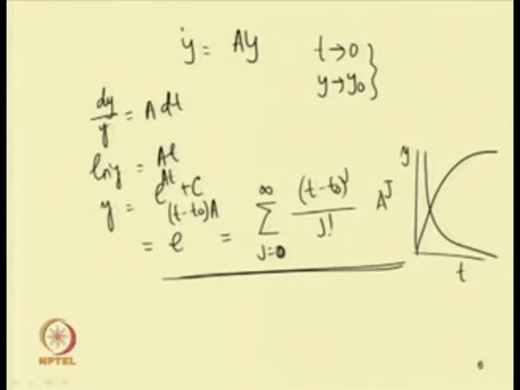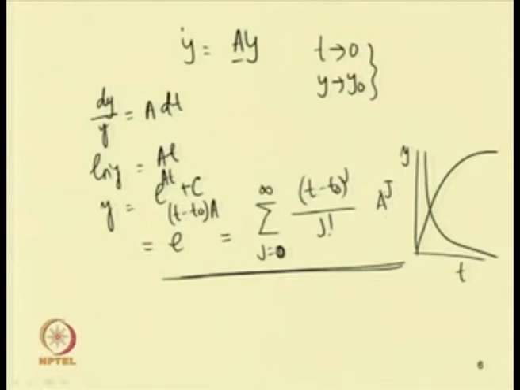So, to get a stable solution, the real part of the eigenvalue of A should be negative. Now we obtain the solution y equal to e to the power A(t minus t0), which is equal to the sum over j equal to 0 to infinity of (t minus t0) to the power j by j factorial into A to the power j.